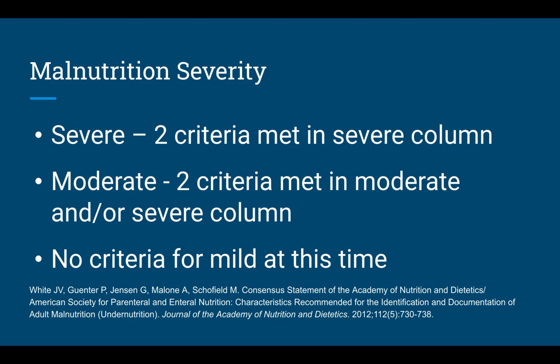And in those categories, if you found the malnutrition is severe, then you're going to classify that malnutrition as severe. If you see the 2 criteria met in the moderate or the severe column, but it is more in moderate, then you're going to have moderate malnutrition. And there's no criteria for mild at this time. The Academy decided not to use it anymore because it was a very hard distinction between moderate and mild.